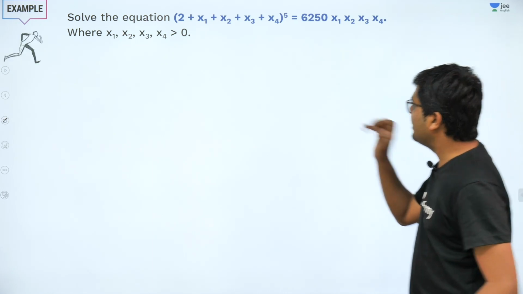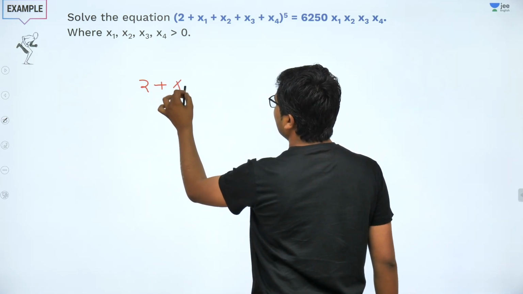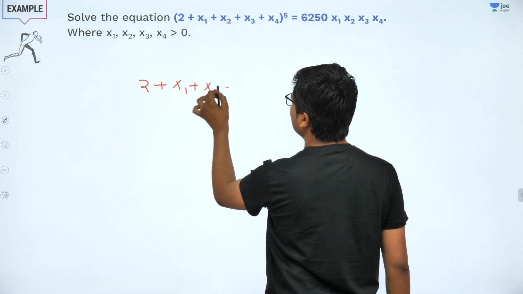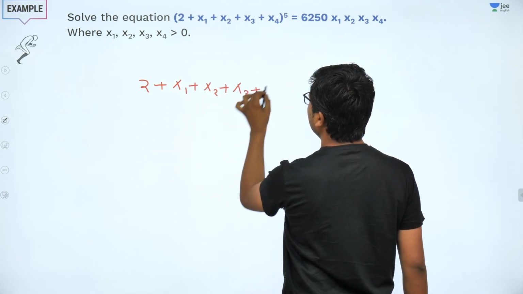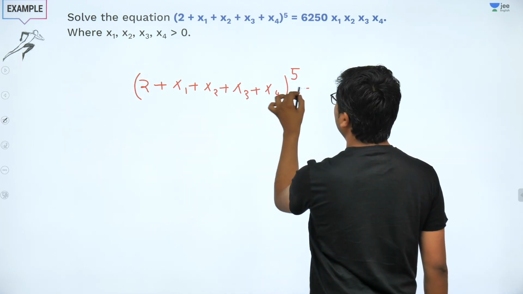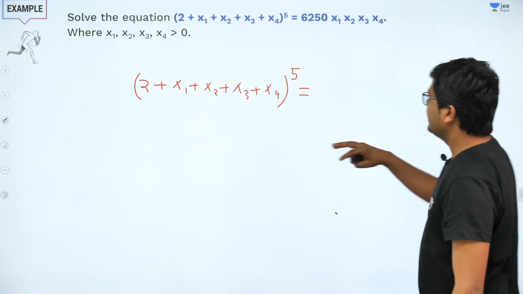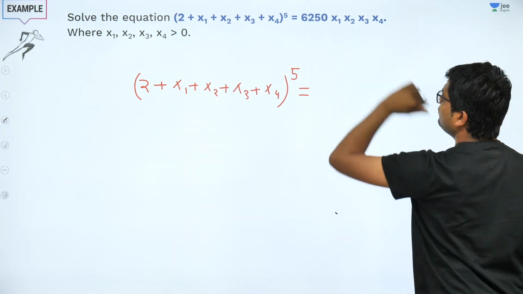Okay, so I am writing it as, the question is given to me, 2 plus x1 plus x2 plus x3 plus x4, whole to the power 5. This is the left hand side, getting my point? Whole to the power 5, is equal to this 6250, na.